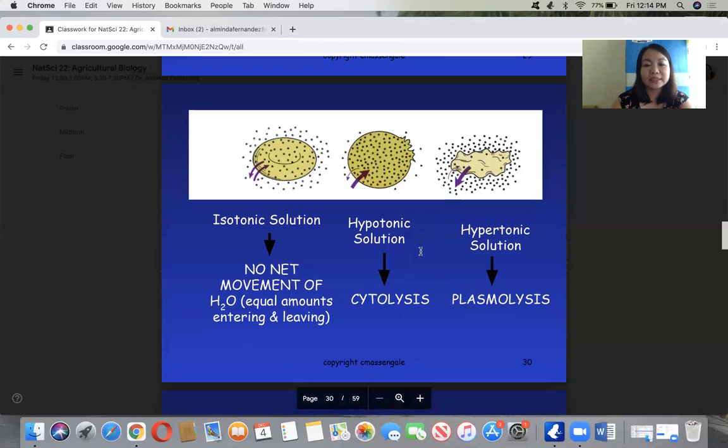So in an isotonic solution, there is no net movement of water, with equal amounts entering and leaving, while a hypotonic solution will result in cytolysis, since all the water will go inside the cell. In the hypertonic solution, all of the water will go out of the cell, so that causes plasmolysis.